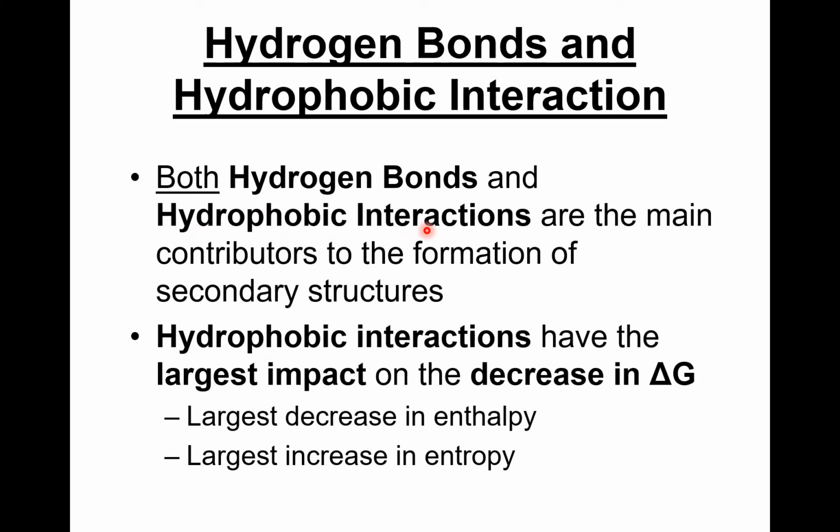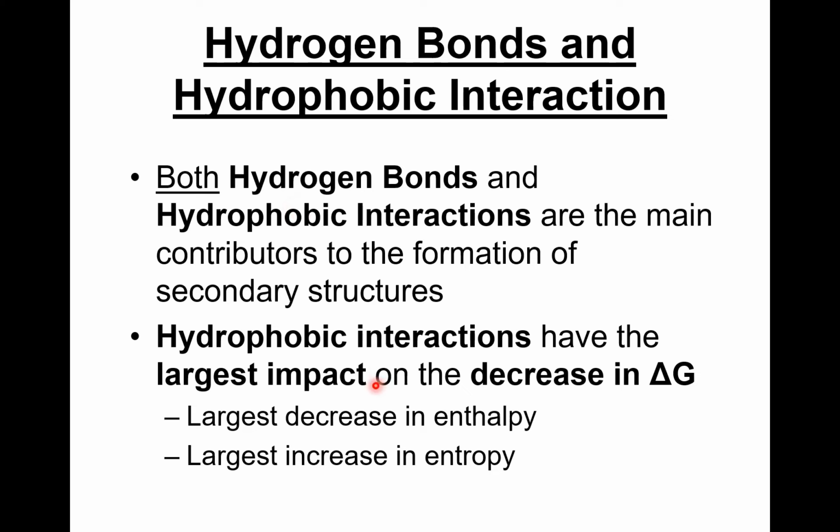The folding of proteins to mask the hydrophobic nonpolar R groups has a bigger impact overall on the delta G of the system, in the sense that it decreases the delta G more than the decrease you observe with the formation of hydrogen bonds or polar interactions.